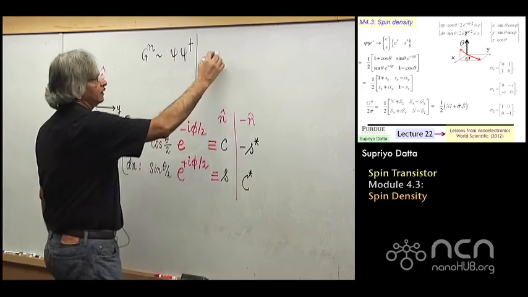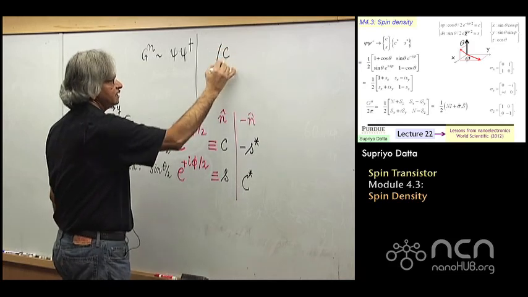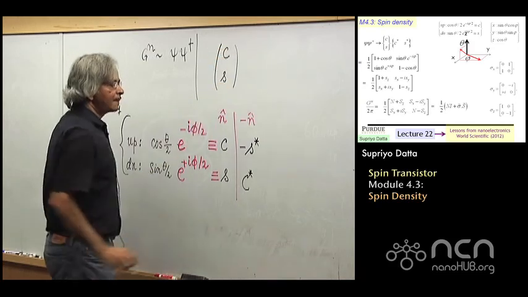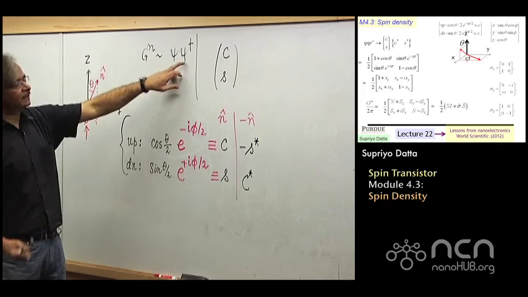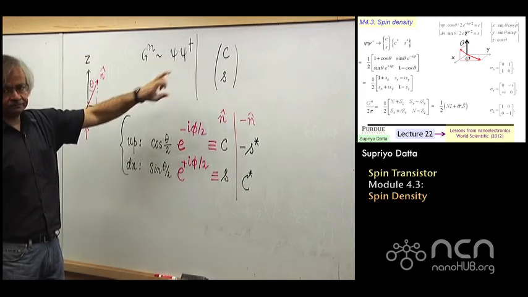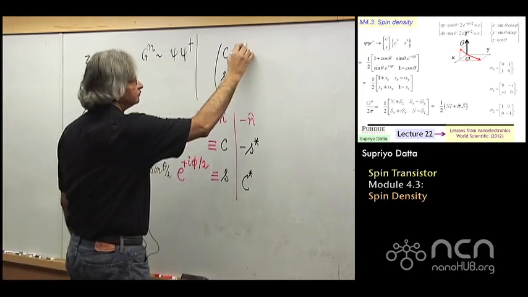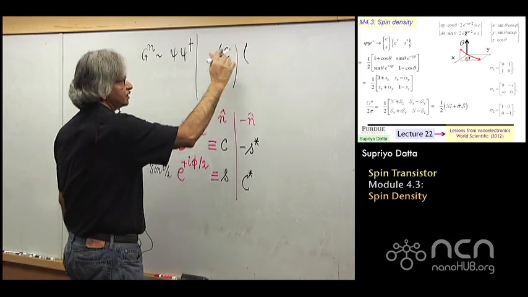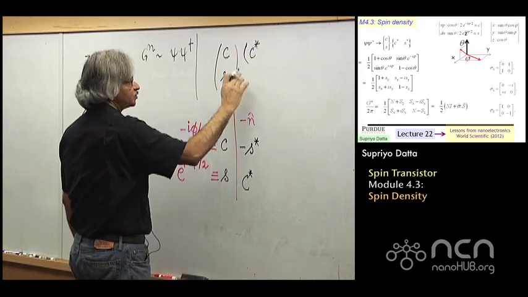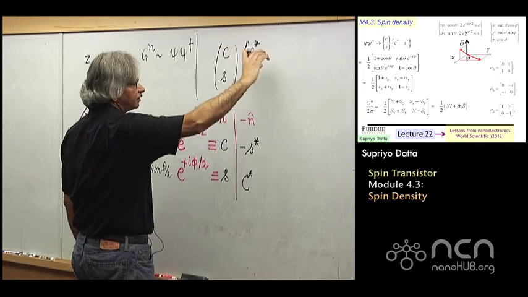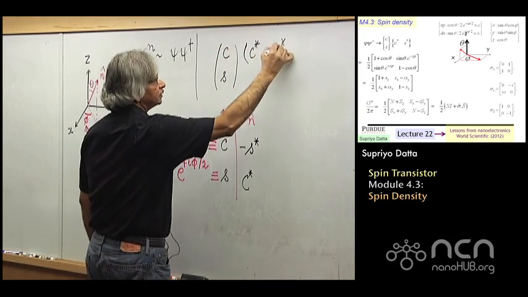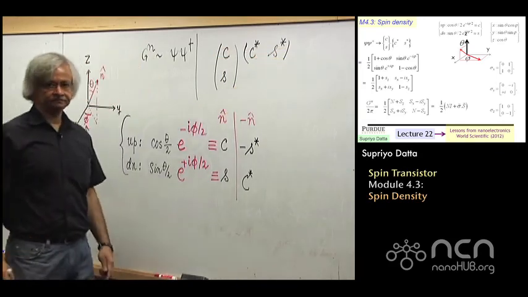Well, I'd say that psi looks like C S, and psi dagger, that's the conjugate transpose. So I could write it as C star, S star, where conjugate is C star, and transpose means what used to be a column vector becomes a row. That's it.